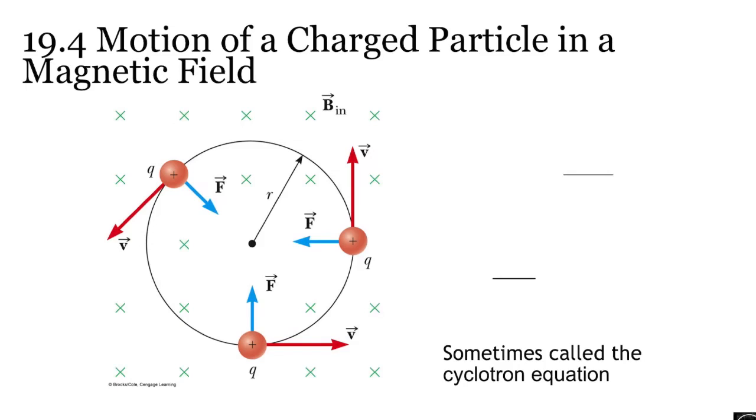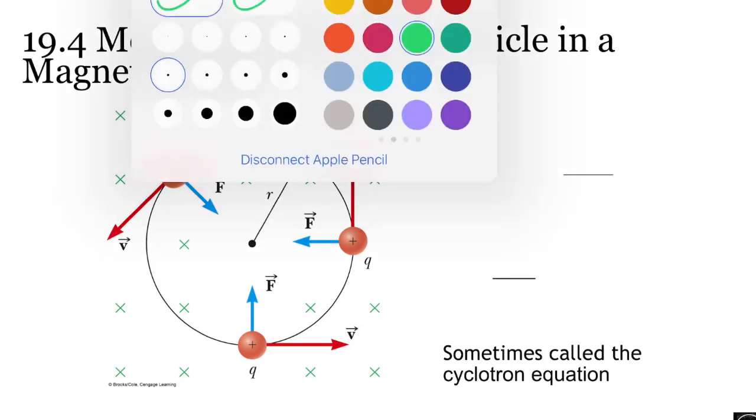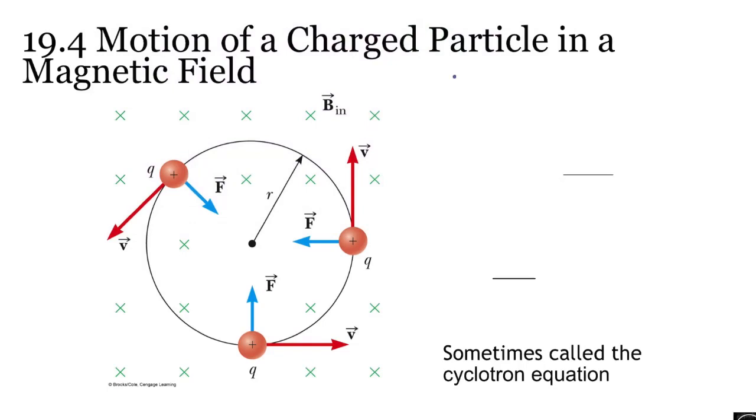Since this motion is caused by the magnetic force on the moving charge, the formula for the force experienced by the charge is QVB sin theta. However, sin theta becomes 1 because it's sin 90 degrees. The angle between the velocity and the B is perpendicular, it's 90 degrees, so sin 90 is equivalent to 1.